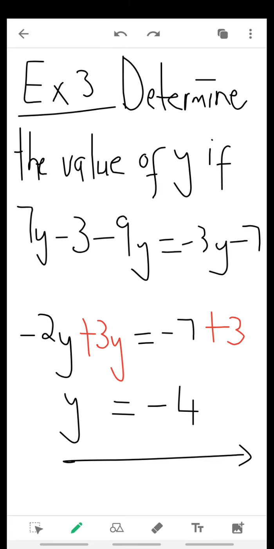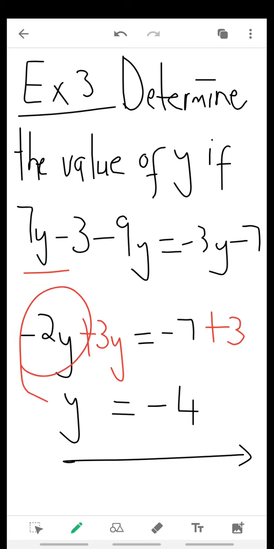So what is the rule? Transpose all terms with letters on one side and terms without letters on the other side. So this would be 7y minus 9y. Remember, the minus 3y, if it comes to that side, will be positive 3y. So first of all, let us subtract: 7y minus 9y is minus 2y.